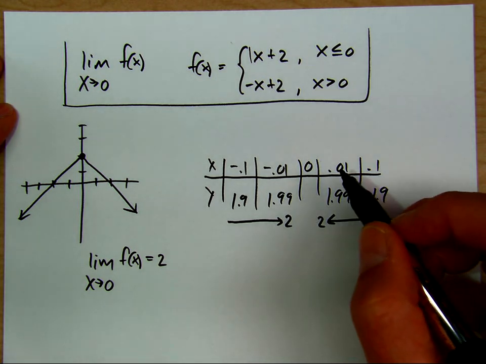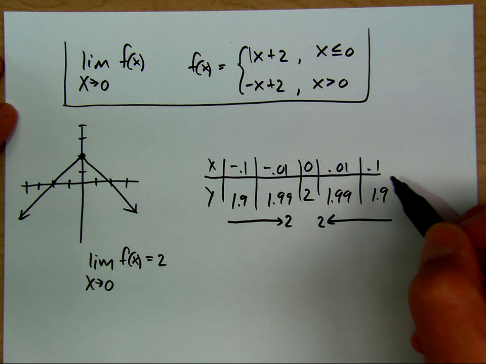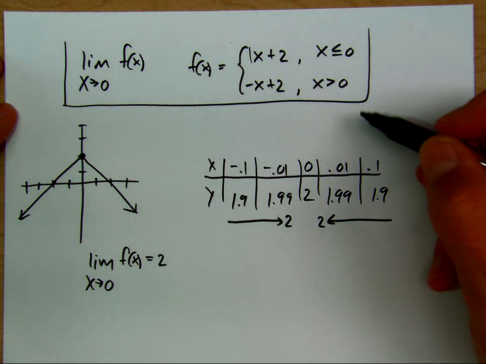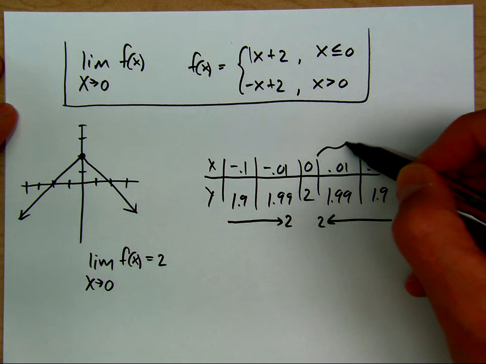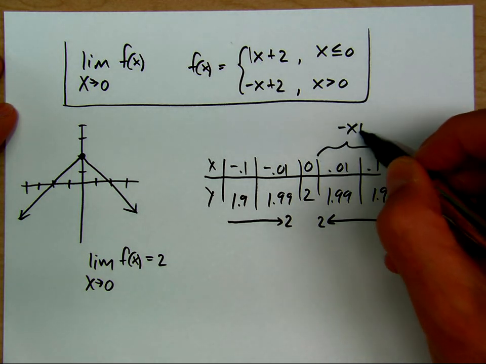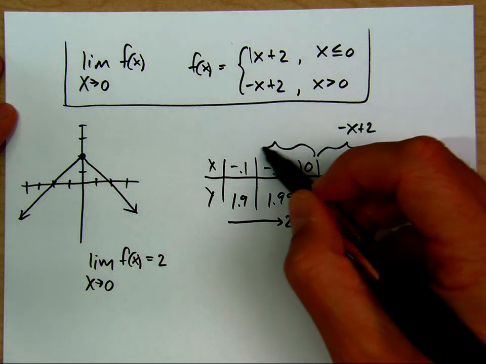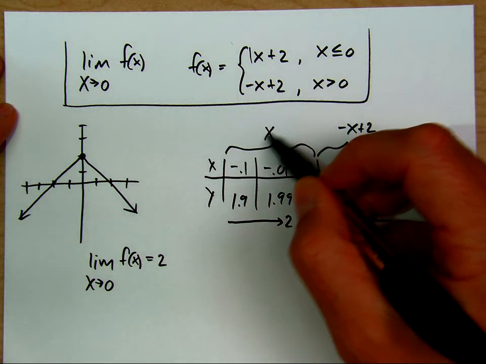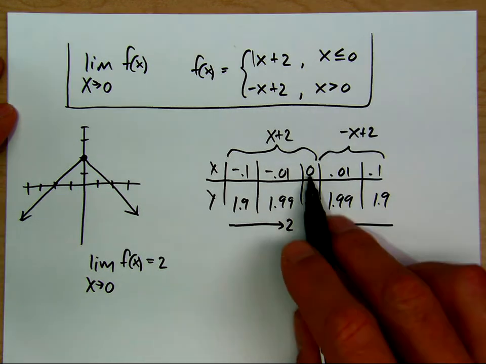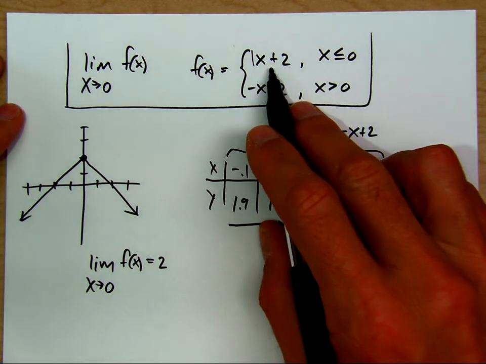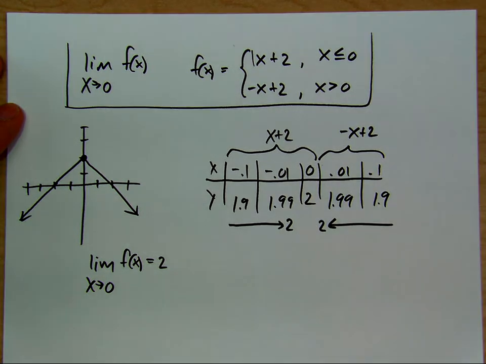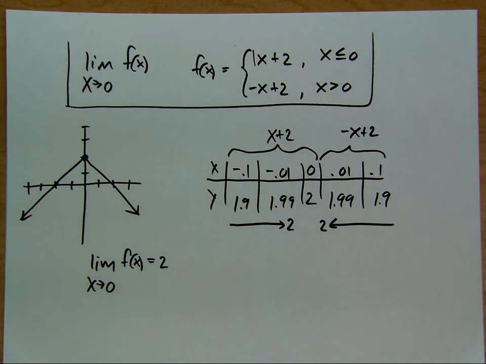The value is 2, the value of the function. Remember that for these values, we are using negative x plus 2. And for these values, we're using x plus 2. This says including 0 and to the left. Including 0 and to the left, we use that. To the right of 0, we use that. And we'll stop there.